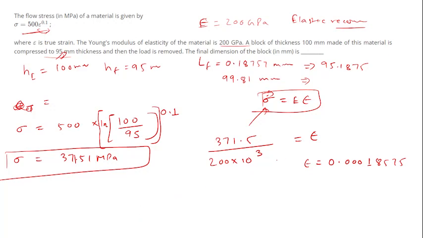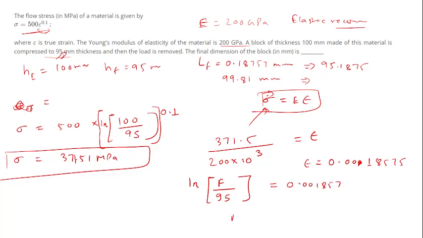Then what do we have to find? We have to find the strain. So it will be final. Ma'am, it seems one zero extra got added. Okay, let me check: 0.001. Yes. And then it will be 0.001857.